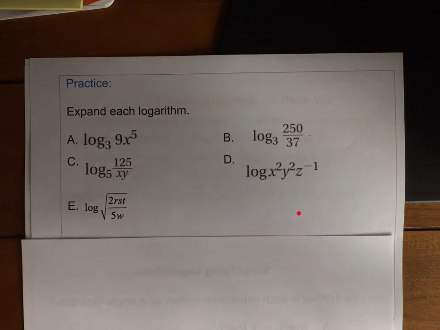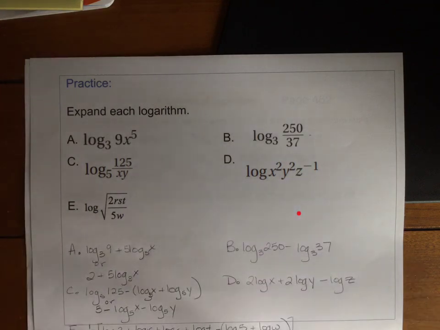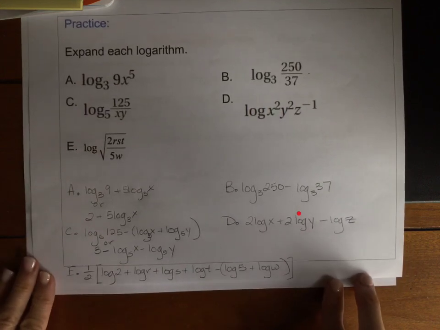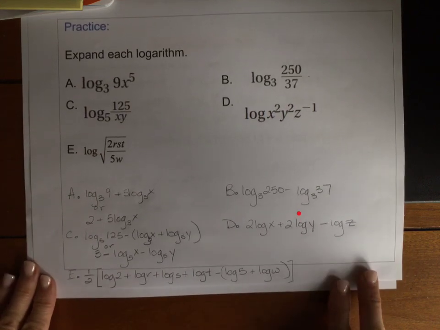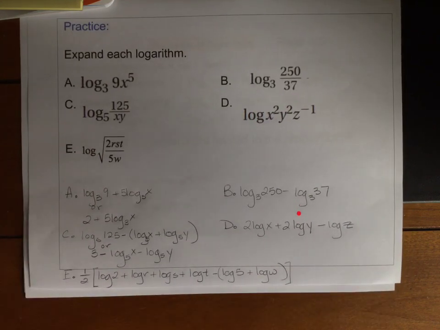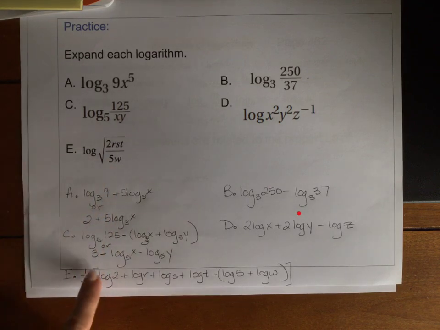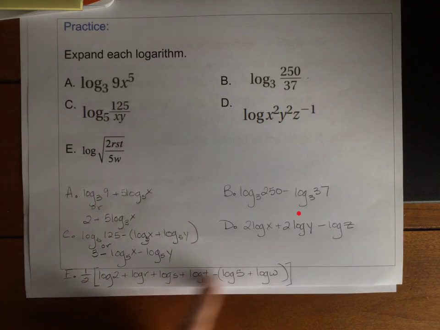All right, so I'm assuming you're coming back and that you actually practiced at least some of them. Here are the answers to those. Notice how long E is because everything was in the square root, so I got to have 1/2 times everything.